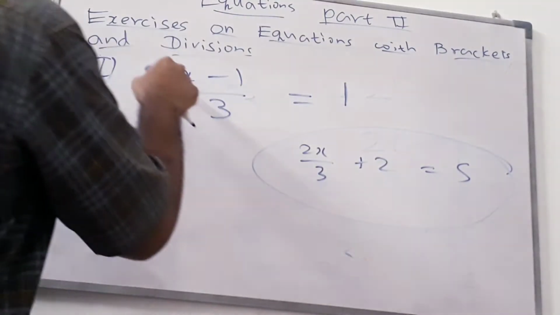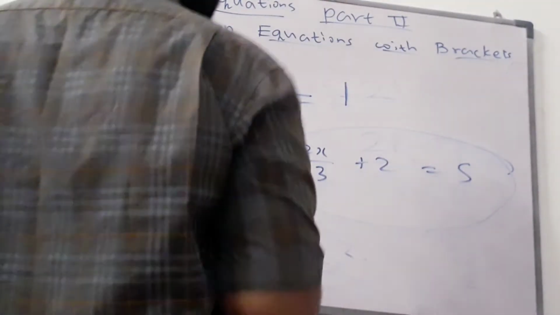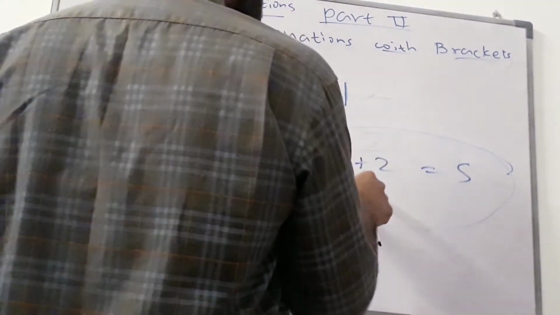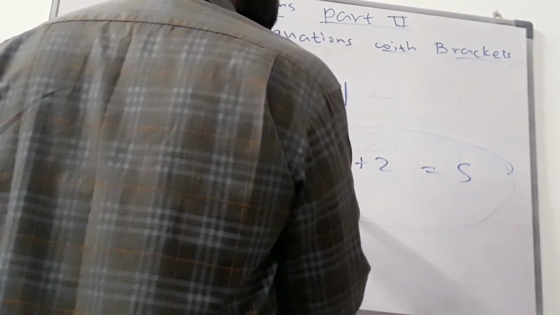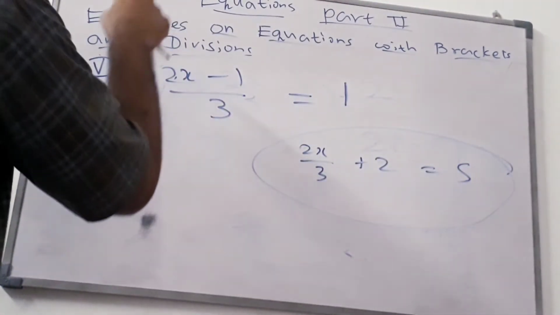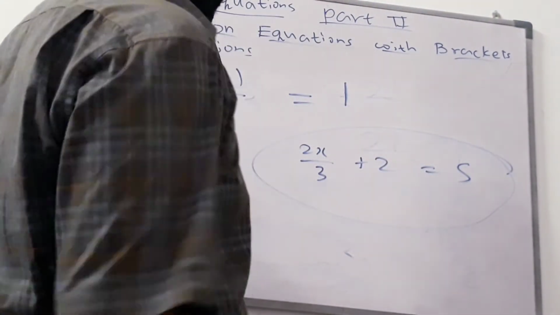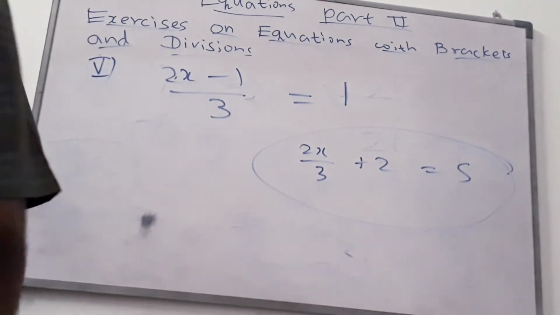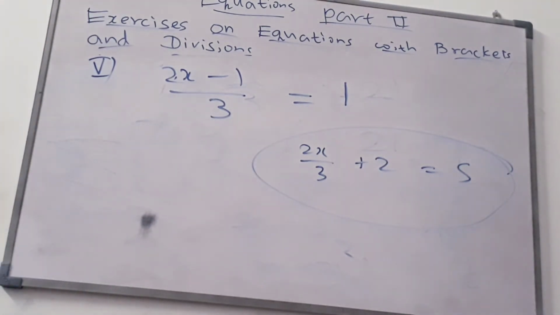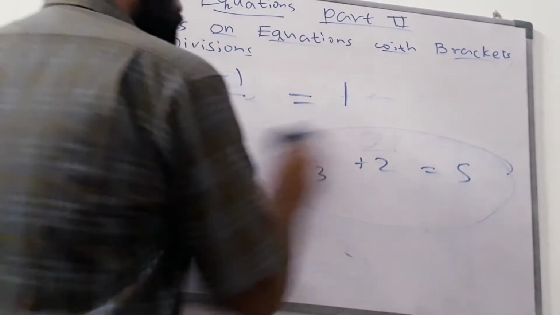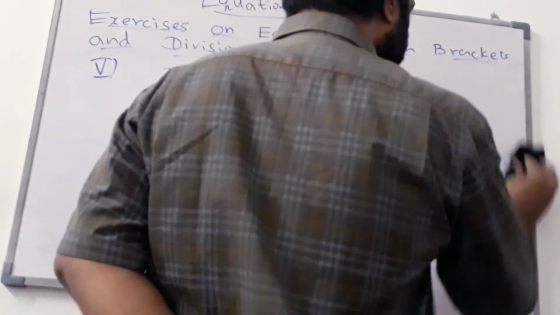But here 3 is common to both 2x and minus 1, not just 2x. So here we have to try a different method.